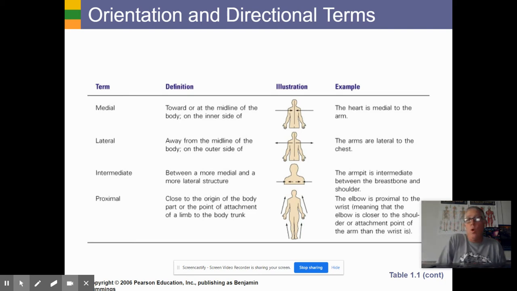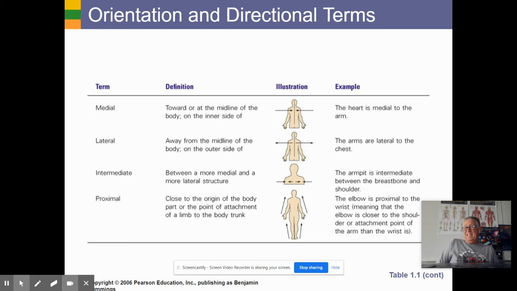So medial, towards or at the midline of the body or on the inner side of something. My heart is medial to my arm. My heart is towards the middle of my arm. My heart is medial to my nipple.